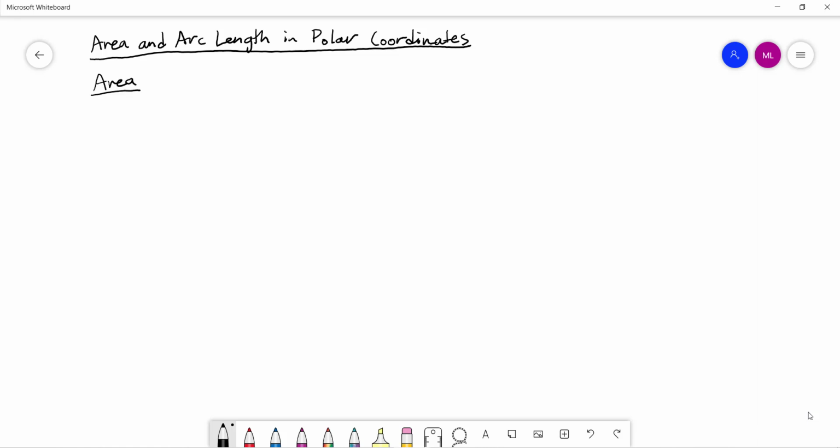I'm going to draw a region, and we're going to say that that region is defined or bounded by some polar curve.